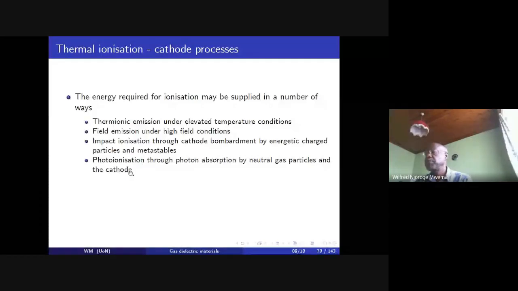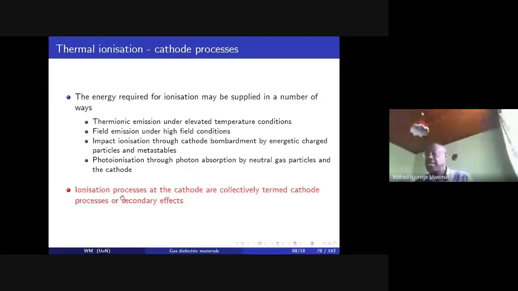Photon ionization also is due to photon absorption by the neutral gas particles as well as the cathode. So ionization processes at the cathode are then collectively termed cathode processes or secondary effects.